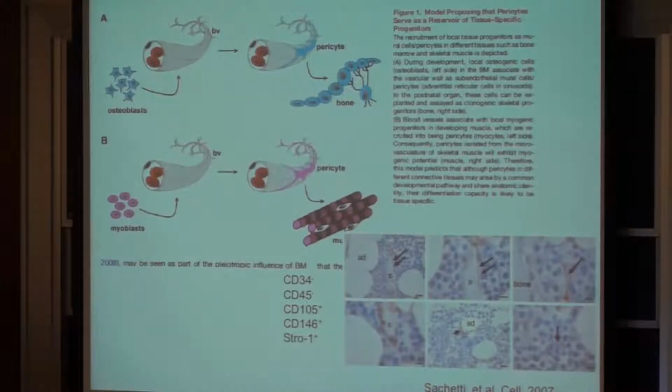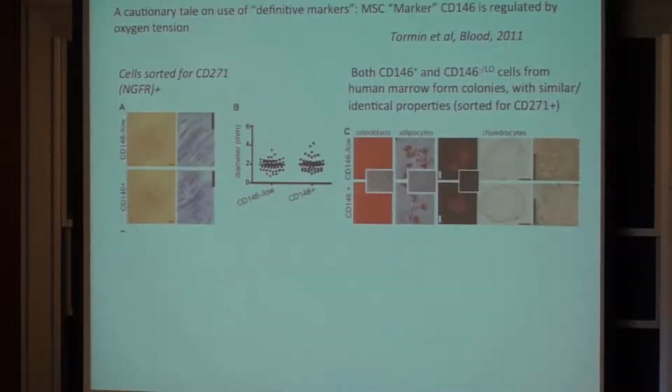But what has come out since then, which is very interesting, is these authors made a big deal, they really believe that CD146 is a particular marker of these mesenchymal stem cells.